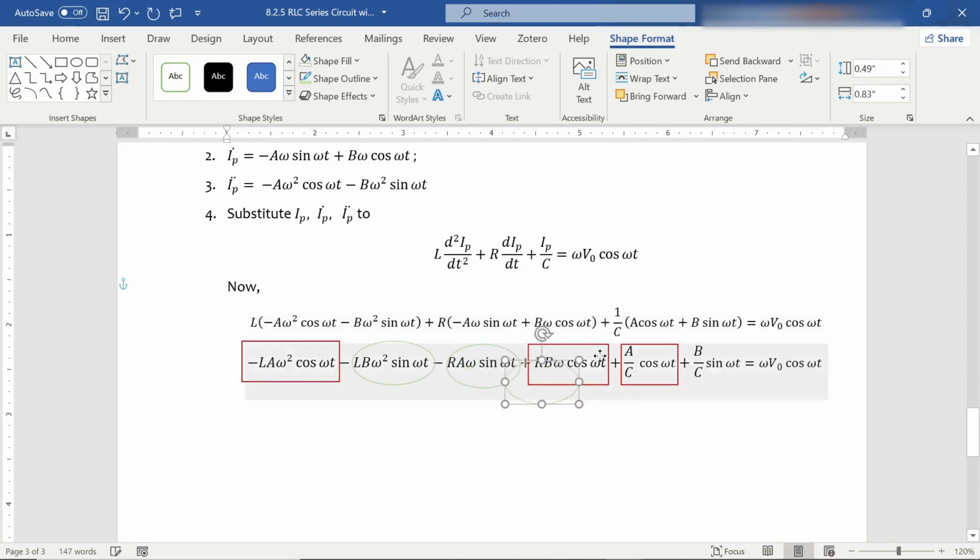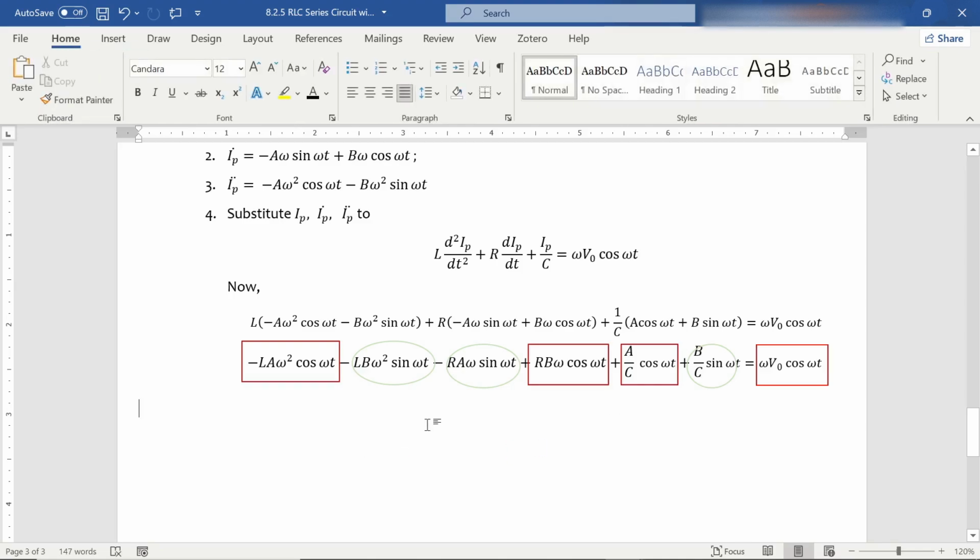What else? We have B over C sine. It's also worth noting that the right hand side of the equal sign contains cosine, and it's very important because we will be equating this to the right hand side, particularly to those that contain the cosine function.